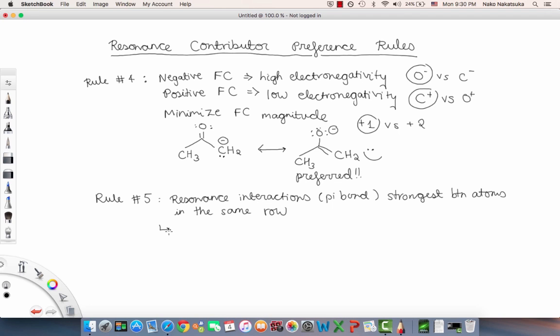So usually this is carbon, nitrogen, oxygen, and fluorine, which are in the same row of the periodic table. And this usually outweighs electronegativity considerations.